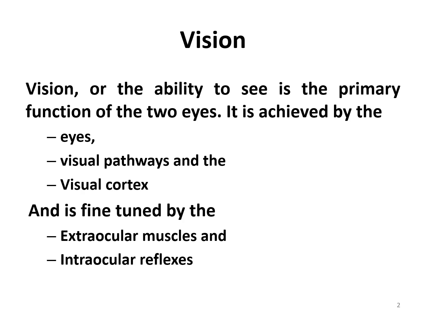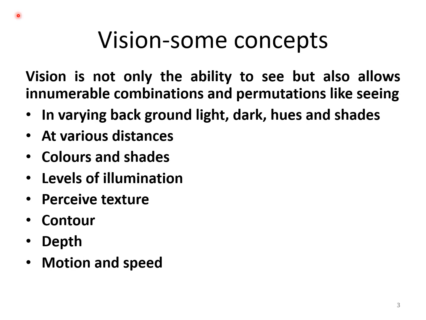It is achieved by the eyes, the visual pathways, and the visual cortex, and is fine-tuned by the extraocular muscles and intraocular reflexes. Let us have a deeper look at the function of vision.